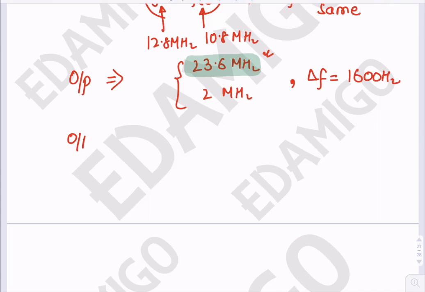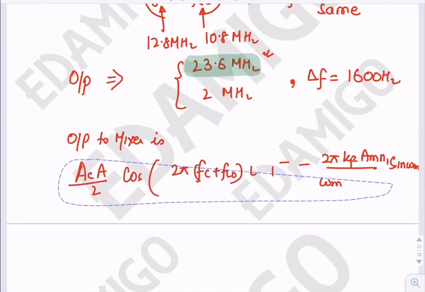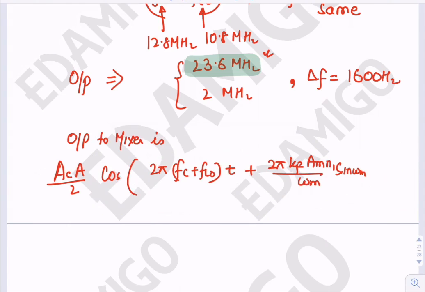So the output of the mixer is AC into A divided by 2 cos of 2 pi FC plus FLO into T plus 2 pi KF Am into N1 upon omega M sine of omega mt. Okay, so delta F is the same, and only the carrier frequency is changing.